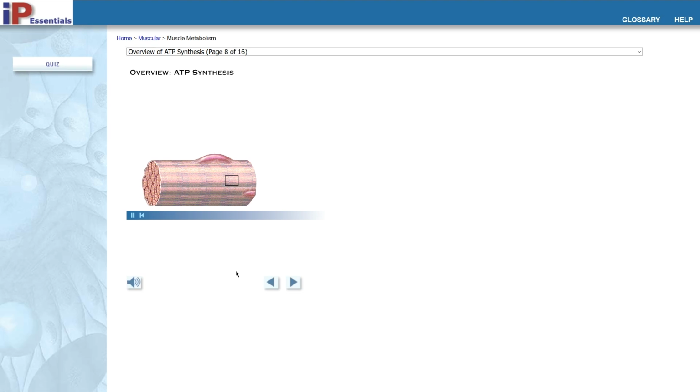Now that the ATP supply has diminished, let's look at how ATP is regenerated.